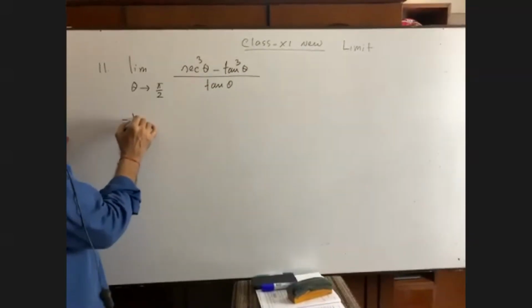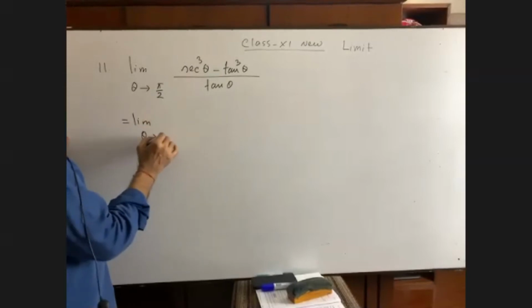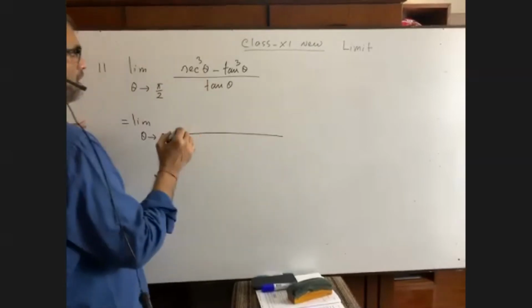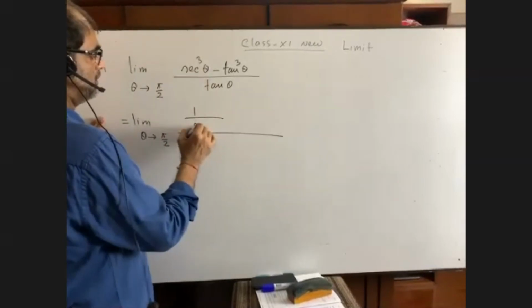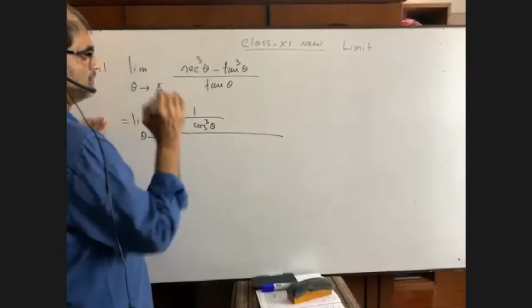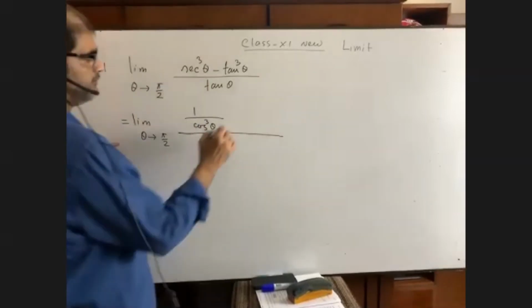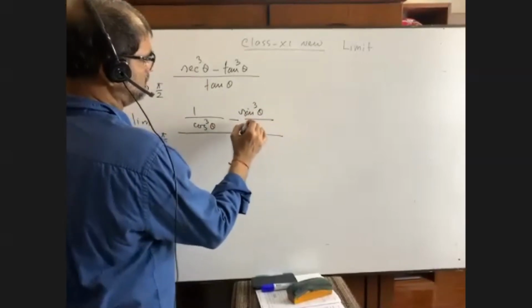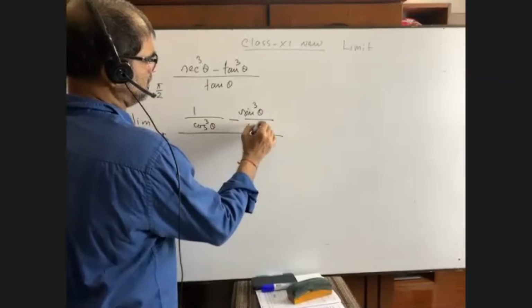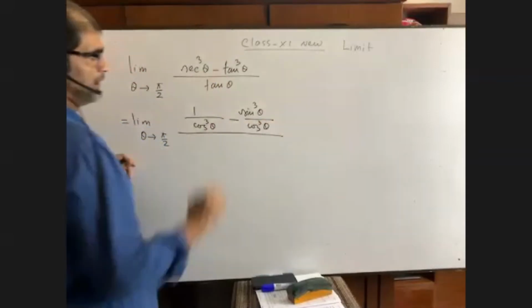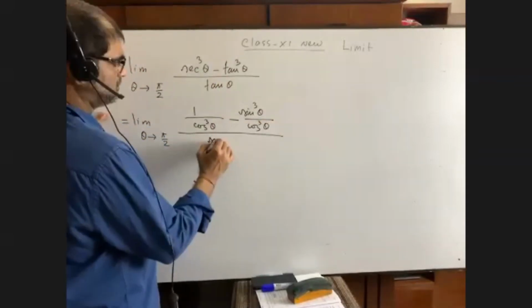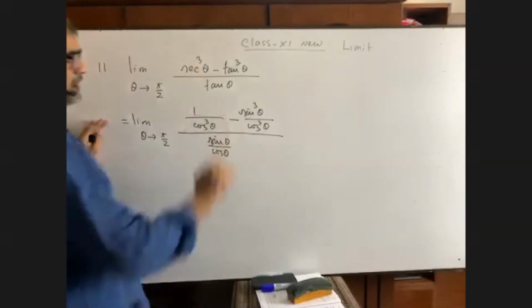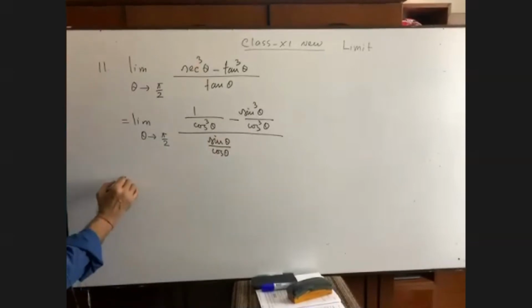We can write here limit theta tends to pi by 2, 1 by... am I right? I think up to this it's okay.